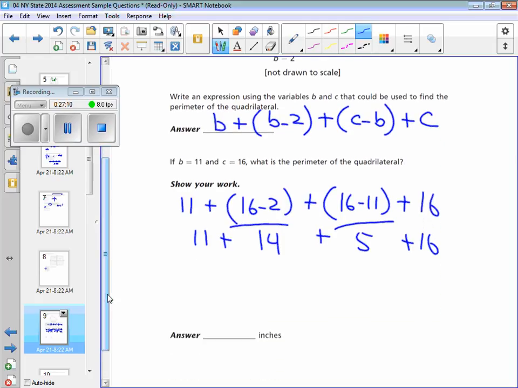I made a mistake somewhere. I just don't know where. Oh, I see where I made it. This should be 11 minus 2. No, I substituted 16 instead of 11. And when you add everything up, you get 41. Worked out.